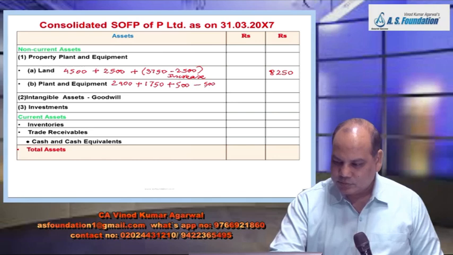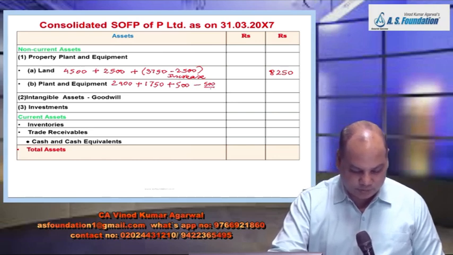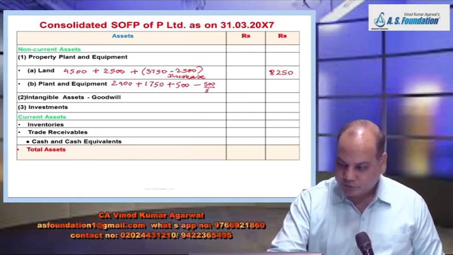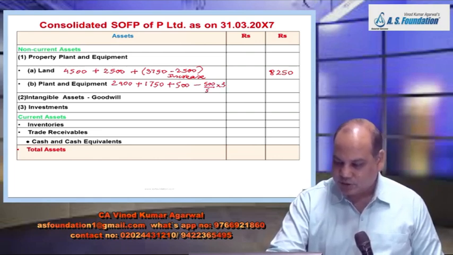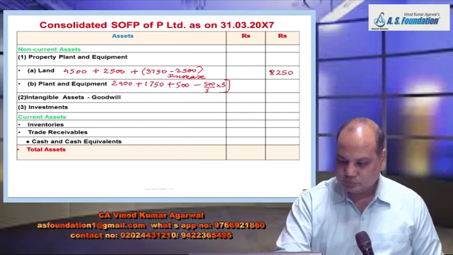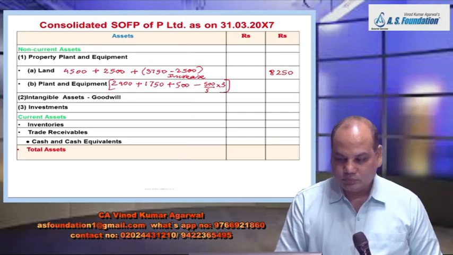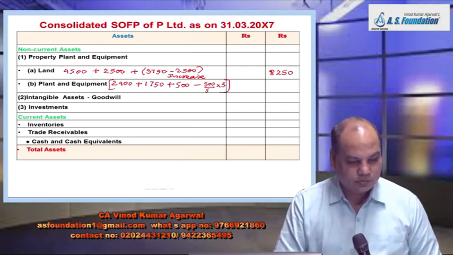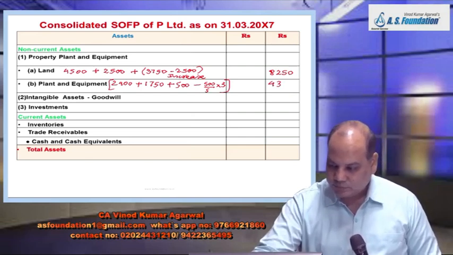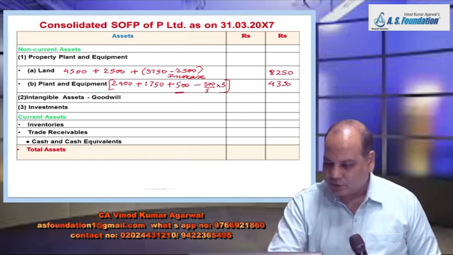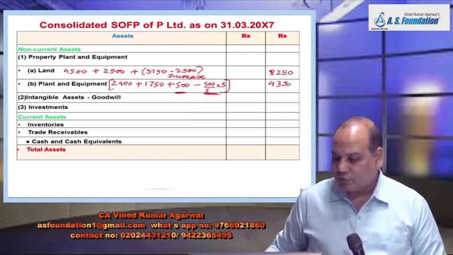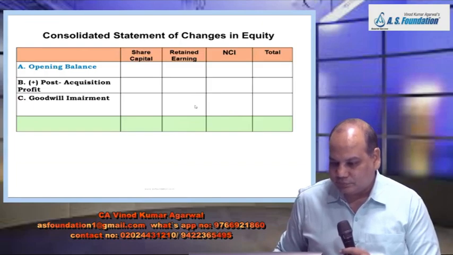Depreciation on increase: 500 divided by number of years 5 into number of years completed 3. So what is the answer? Is it 4350? Wait. Second effect also I will write: 500 fair value adjustment and 300 depreciation.